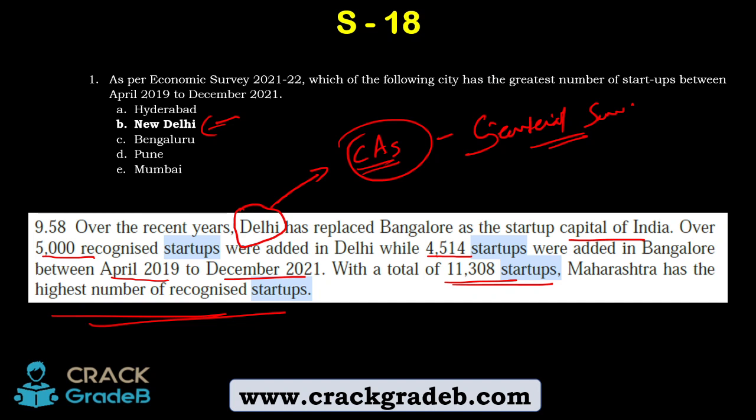So what they do is, let's say you want to start a company from Tamil Nadu. When you want to start a company, obviously you have to register yourself with the Ministry of Corporate Affairs. You will have to find some CA. You will do it online, and there are many online websites and many online CAs who are sitting in New Delhi because of the proximity to MCA, right?